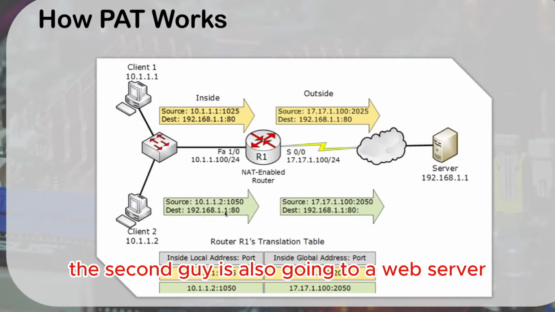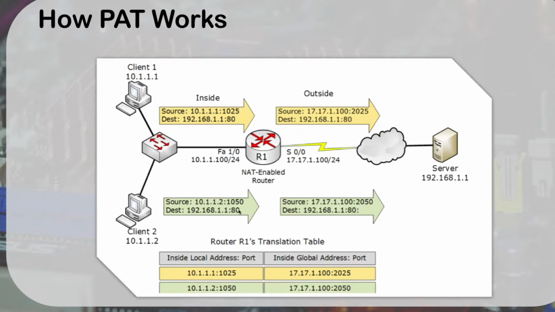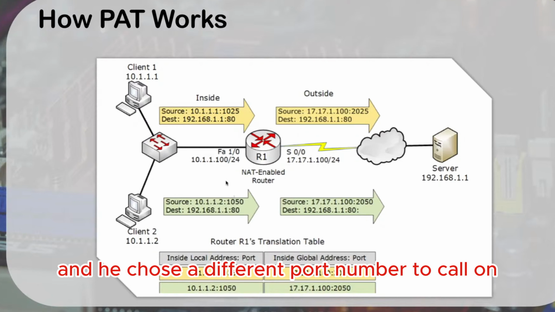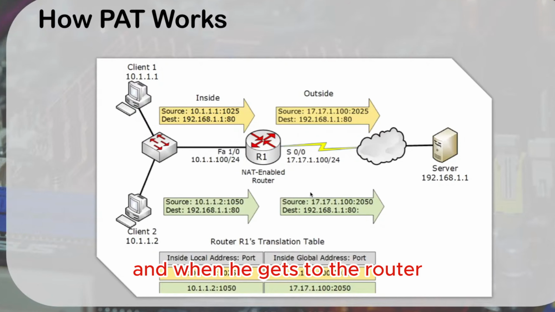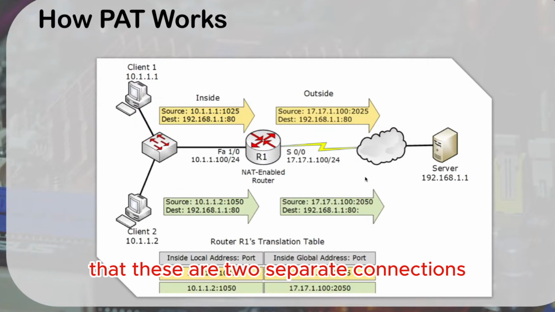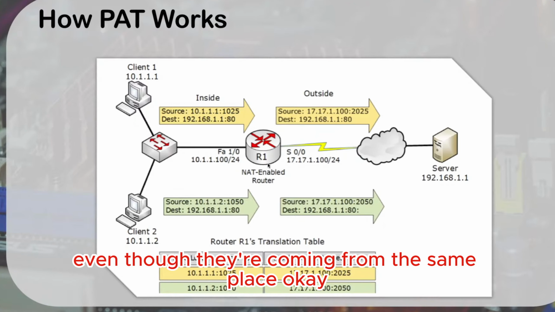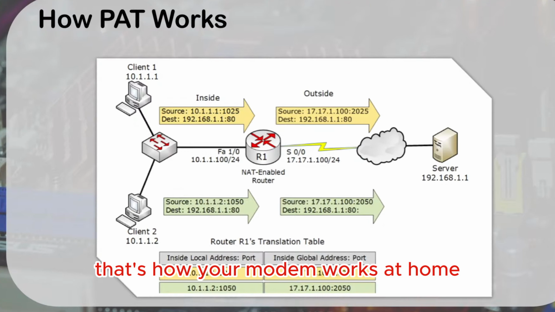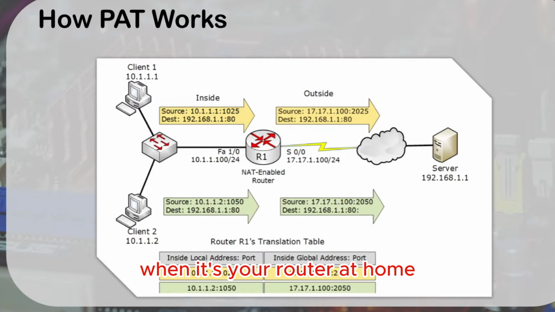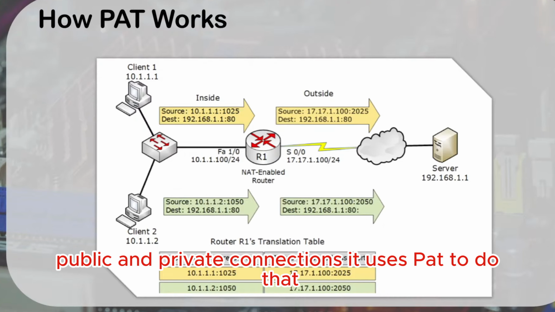Notice that the second guy is also going to a web server, and he chose a different port number to call on. And when he gets to the router, he's using the same public IP, but a different port number, which allows this server to know that these are 2 separate connections even though they're coming from the same place. Okay? That's how your modem works at home. Your router at home keeps track of all of your public and private connections. It uses PAT to do that.